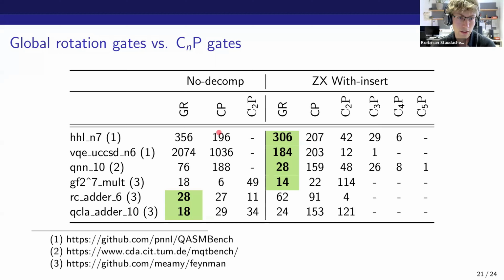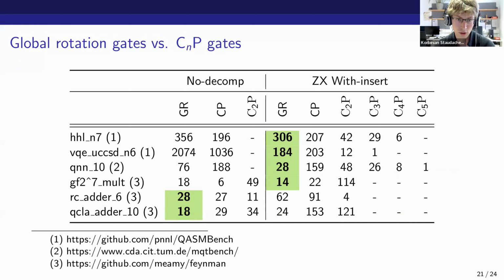Because here, this column, because we don't change the amount of controlled phase gates in the circuit with this strategy, this column and this column more or less represent the original circuit. And you see that in those cases, we didn't have any higher order controlled gates, and our algorithm ended up with those controlled gates in the end.